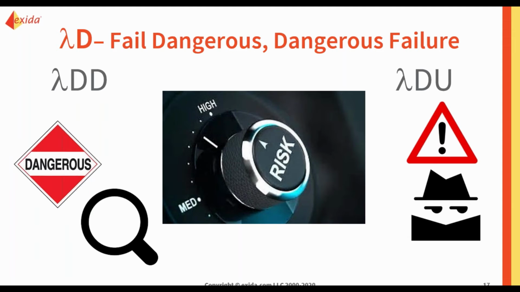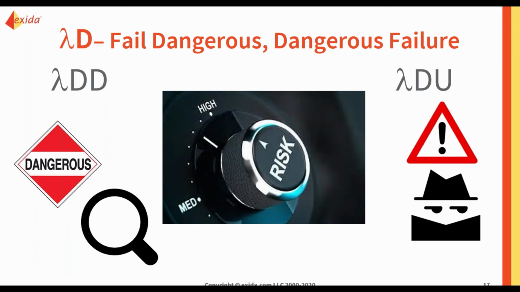Just like the safe failures, they can be broken down into dangerous detected or dangerous undetected. Both the dangerous detected and dangerous undetected are going to be given to you in FITs, that 10 to the negative 9 failure rate. They can be found on the back of certificates or FMEDA reports.